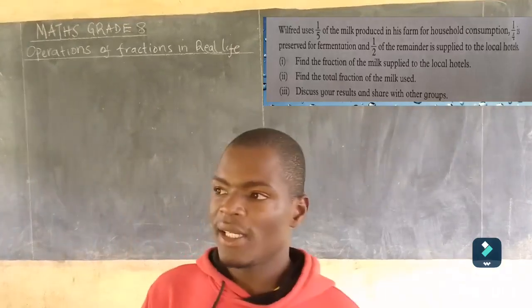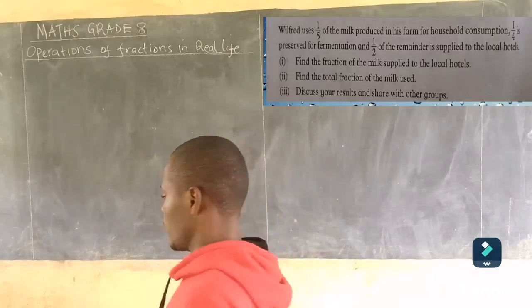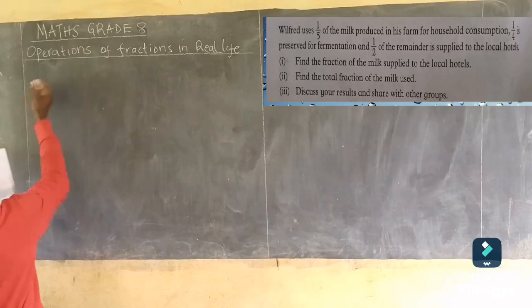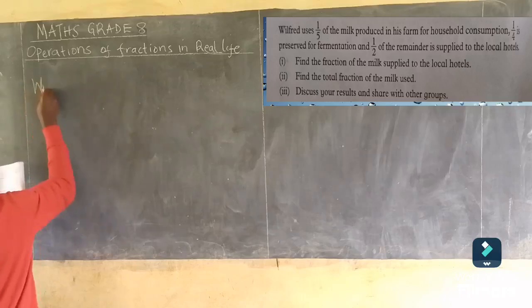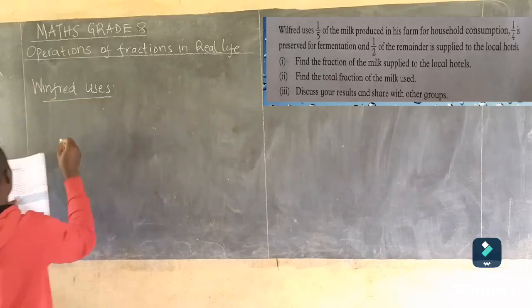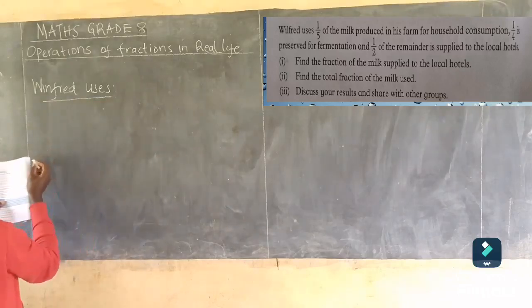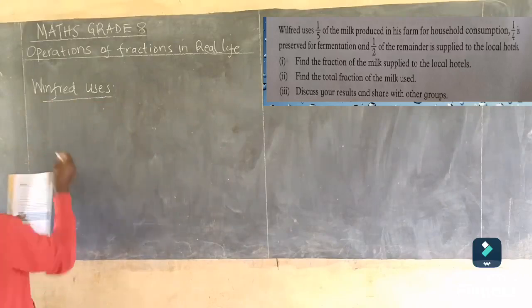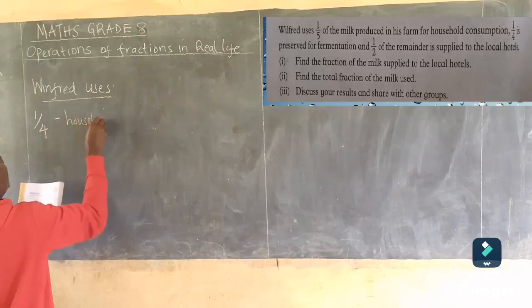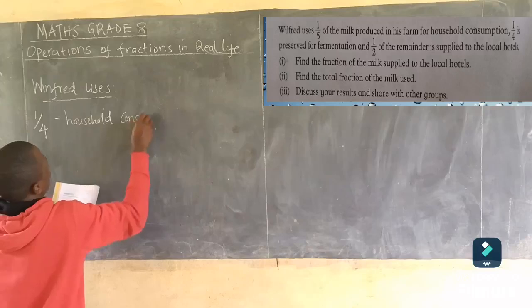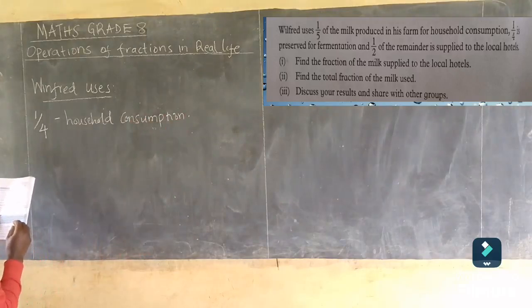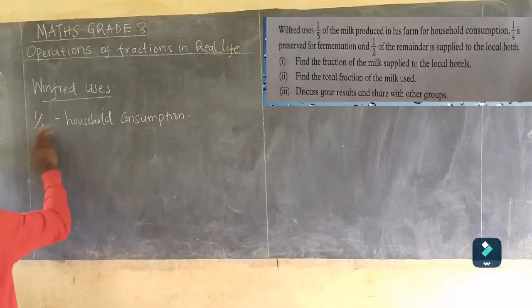Now, let us try to break down the question. Winfred uses 1/5 of the milk in his farm for household consumption.